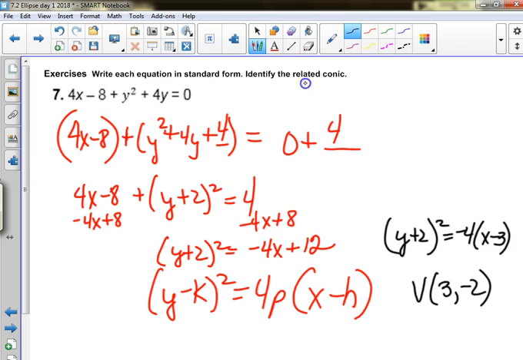Okay? So you would have had y squared plus 4y equals negative 4x plus 8 plus blank. I would have done it that way, and that's the way I should have shown you from the beginning. Oh, it is. Yeah, you've got to be able to complete the square, any kind.